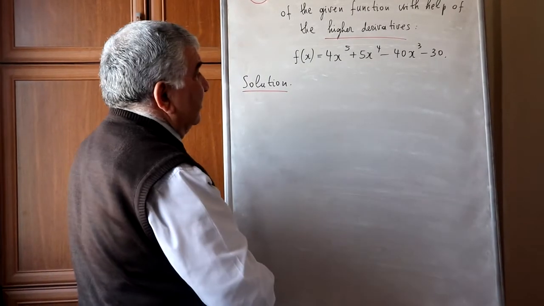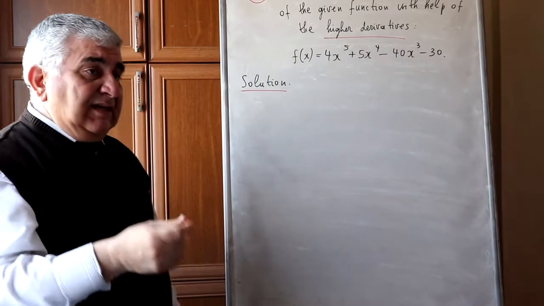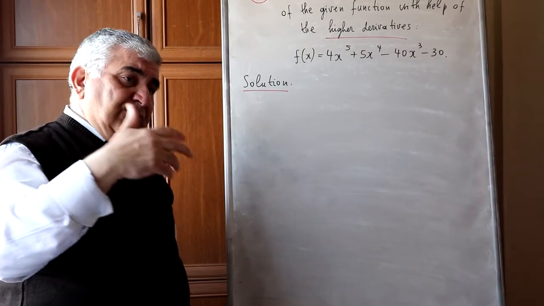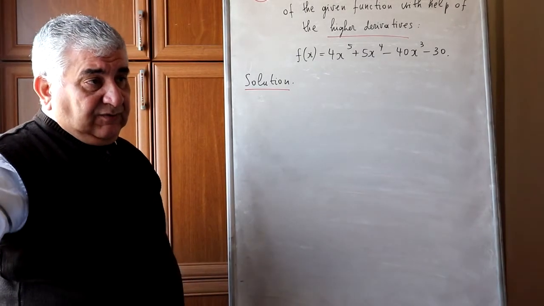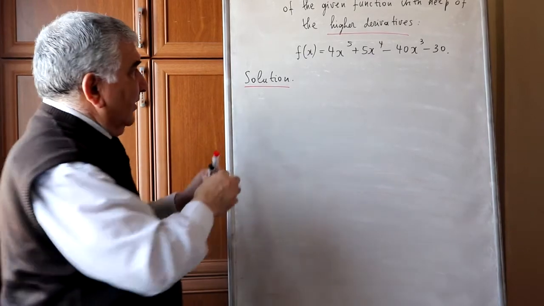First find the critical point. For this, we must find the derivative and then equalize the expression of the first derivative to 0. And further, find the roots of the obtained equation.